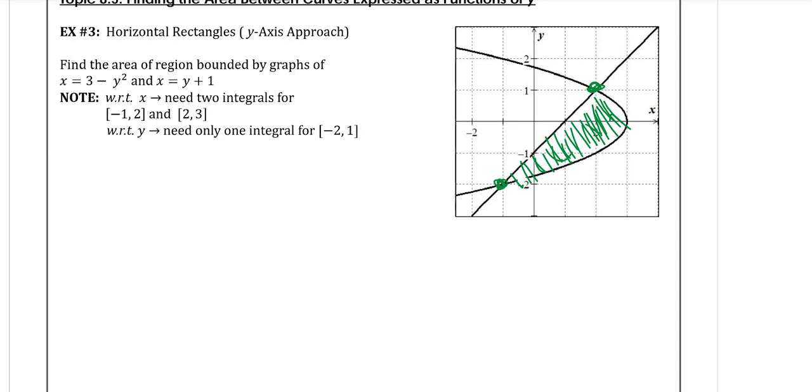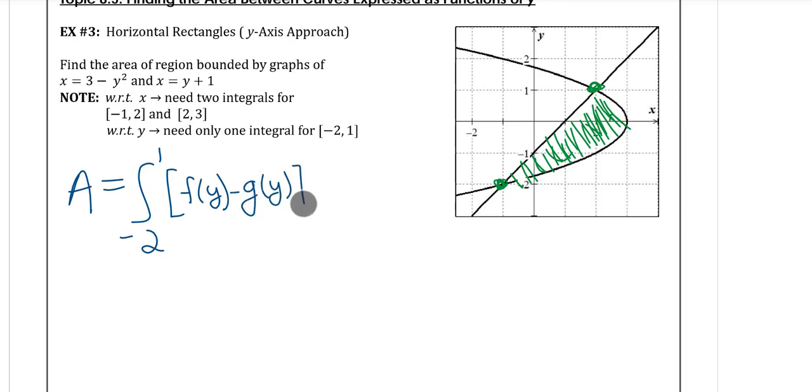Okay, so our area is going to equal the integral from negative 2 to 1 of, now write this out formally, f of y minus g of y dy. To label this correctly, this is going to be our f of y, and our line is our g of y.